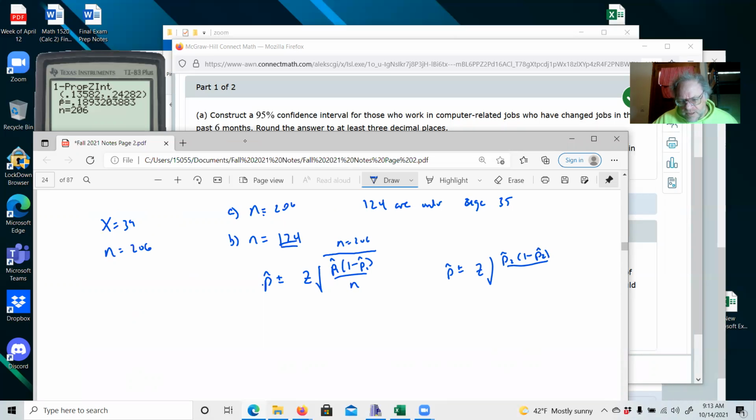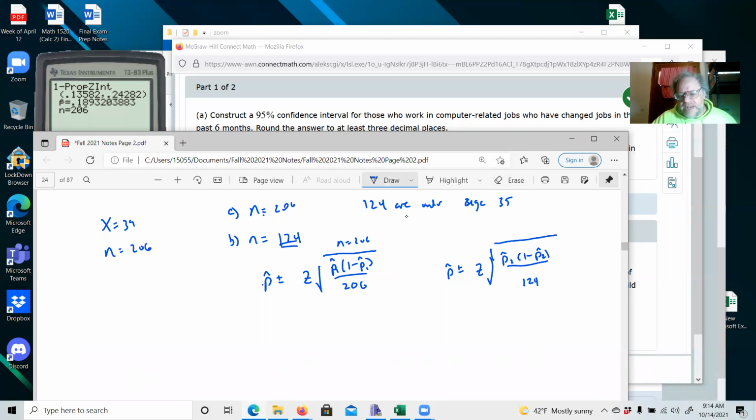Divided by, let's say this is 124, and the other one is 206, because the only thing that changed was those 206. We'll assume everything else was the same.